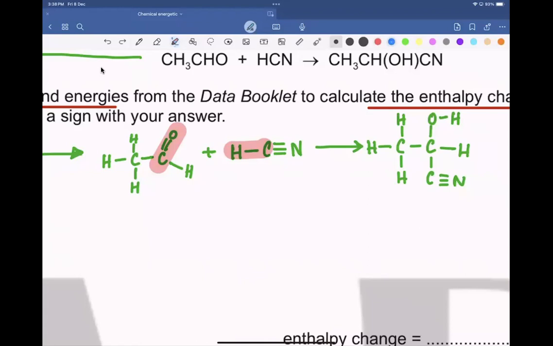Sir, on the product side, there is OH bonded with carbon. No, I'm right now asking about the bonds which are on the reactant side but not on the product side. First, figure out any bond which is on the reactant side and not on the product side.